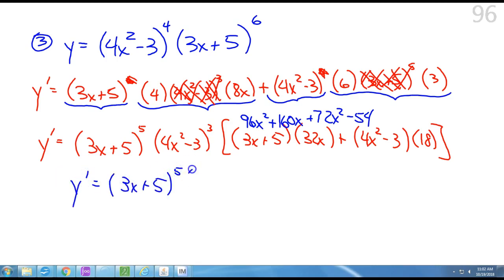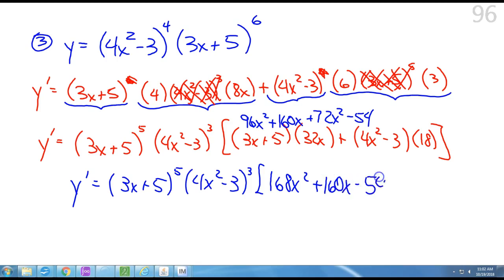Just write it over and over again. And then this will give me 168x squared plus 160x minus 54. Then you can start simplifying this inside too. Alright, you can take 2 out of all those at least. That might be it. I'm not too worried about that right now. How many got to that answer?